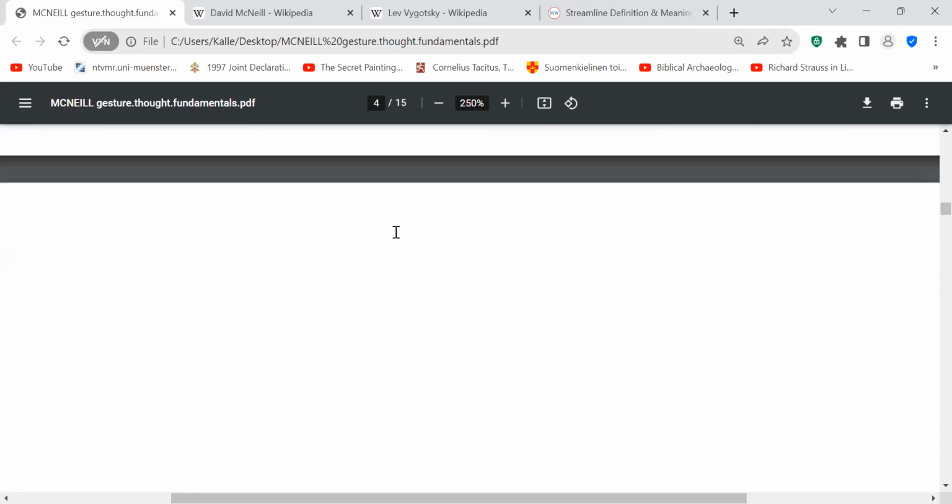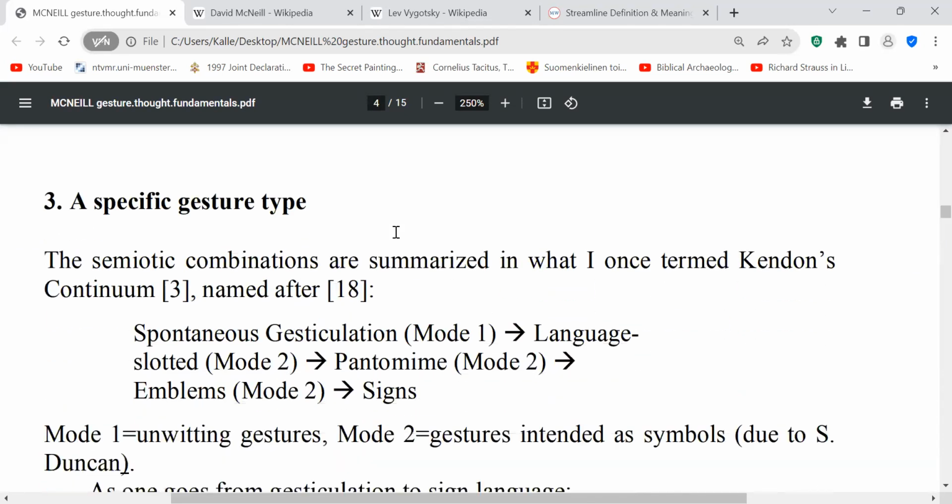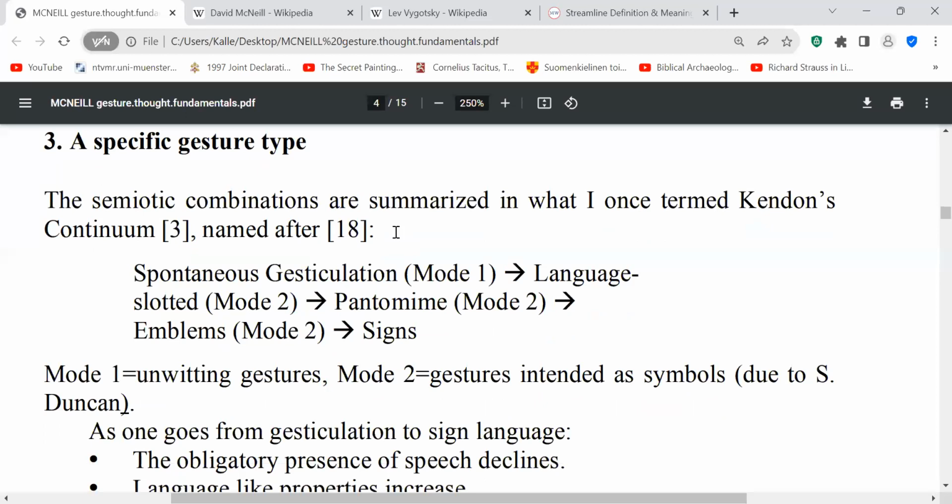The semiotic combinations are summarized in what I once termed Kendon's continuum, named after Kendon: spontaneous gesticulation, language-slotted, pantomime, emblems, and signs.